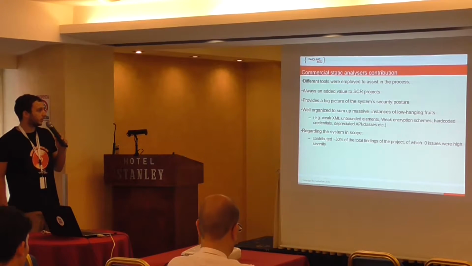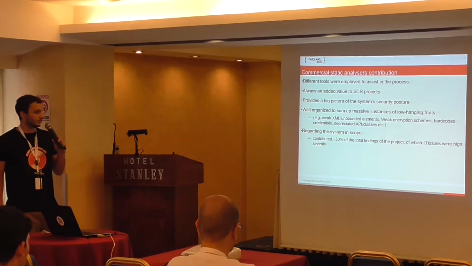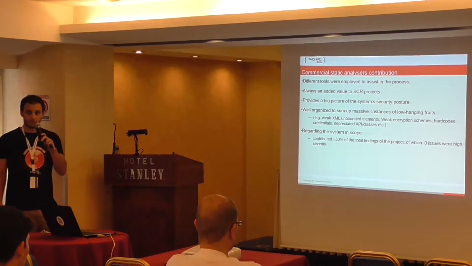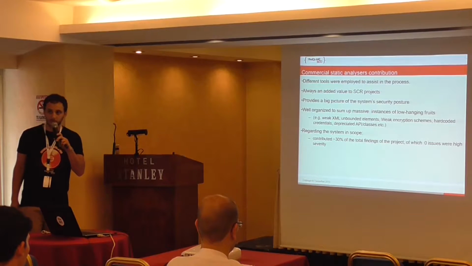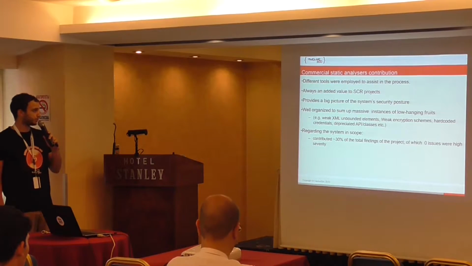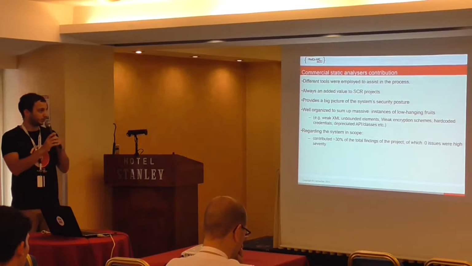What we can gain from this part of the process is the big picture of the security posture, and based on the report of the code analysis tool, we can know more or less what to expect for the manual process to be continued later.